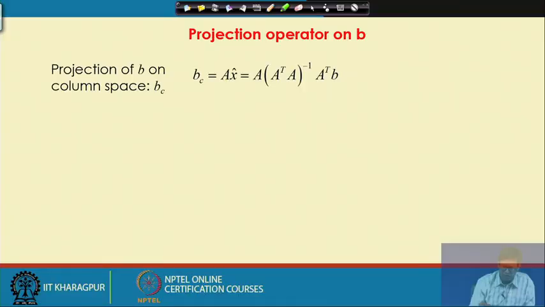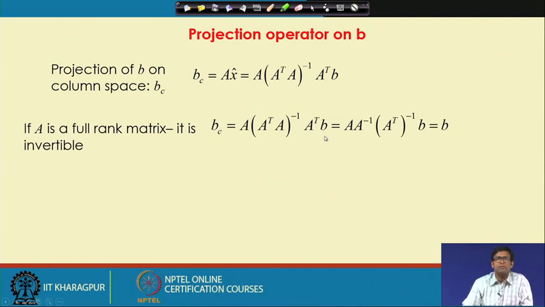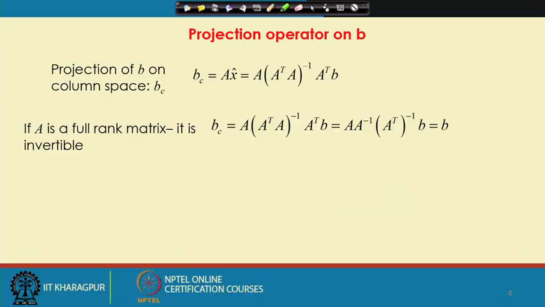So, the projection matrix should behave like an identity matrix, which when multiplied with the vector gives back the same vector, and let us check that when B is in the column space. If B is in the column space, A must be a full rank matrix, then any B should be in the column space. So, A transpose A inverse exists, A is invertible.